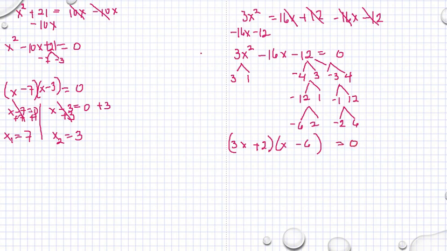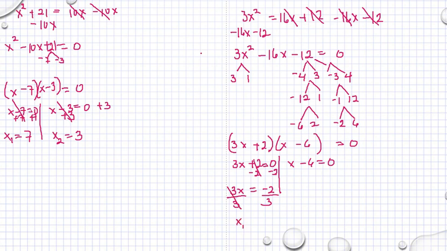Then we have already factored. Then we have 3x plus 2, and then x minus 6, equal to 0. Both are equal to 0. So we subtract 2 from both sides of the equation, then we divide by 3.